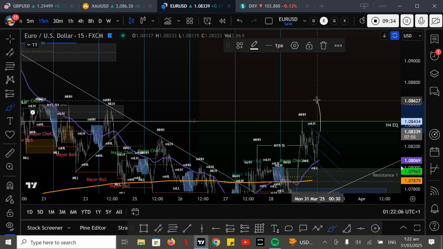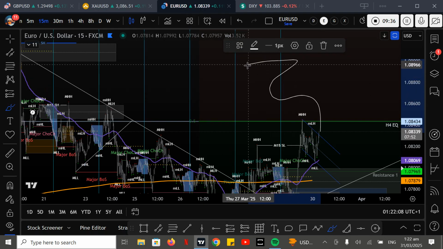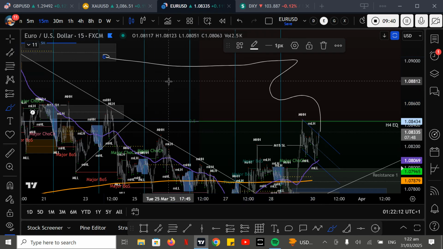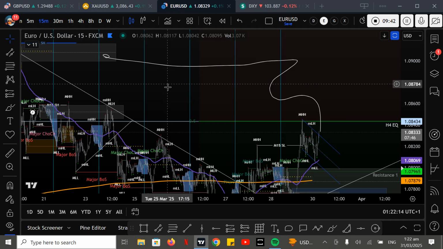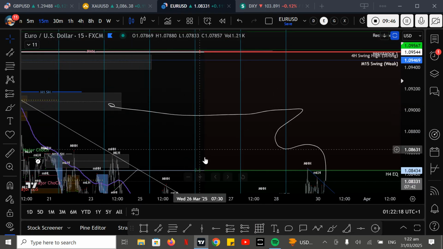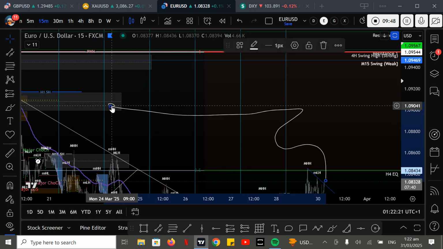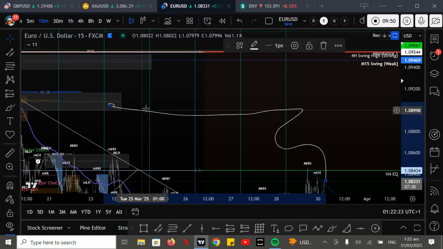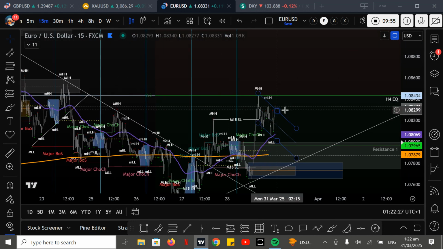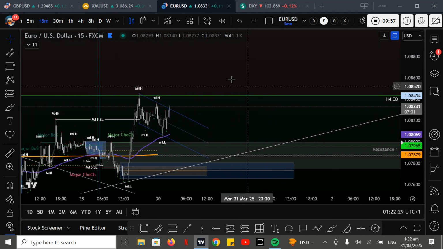So we could just see price do something like this, and then test this level that we spoke about, or even this level here. So we don't know, but we just want to see what price will do at that level. So having said that, that is my analysis for the week from last week.